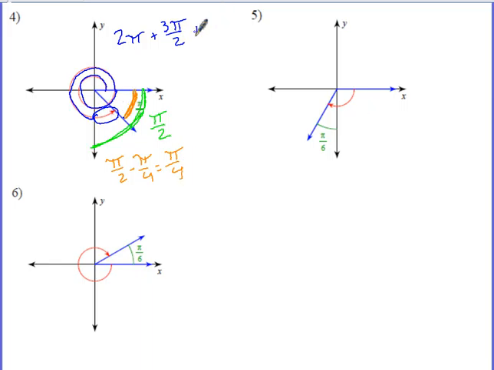So I add this missing piece, which is pi over 4. When I add those all together, I get 15 pi over 4. We're always going to write answers in radians as fractions, never decimals. So why don't you pause here and try these two examples, 5 and 6.